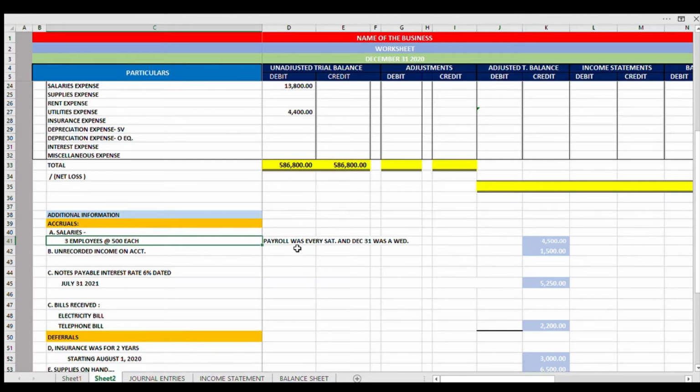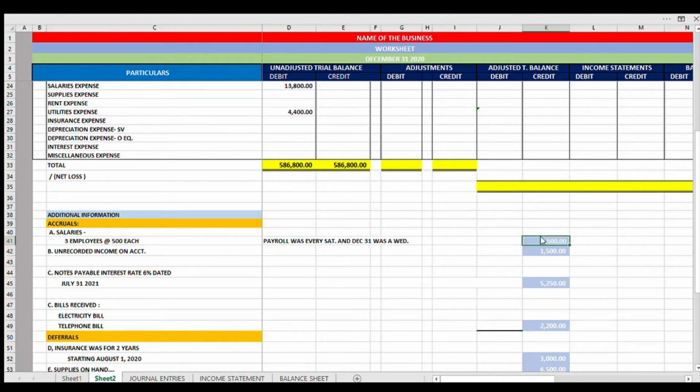Tapos, based on the information, the payroll was every Saturday binibigay, at it happens that the December 31, which is the reporting period, is a Wednesday. So, we really have to accrue a 3-day salary.